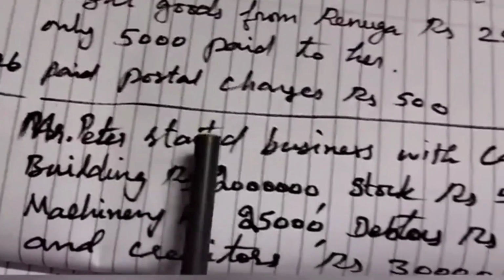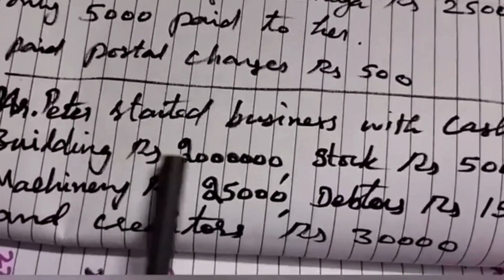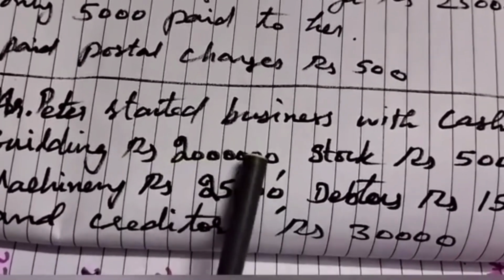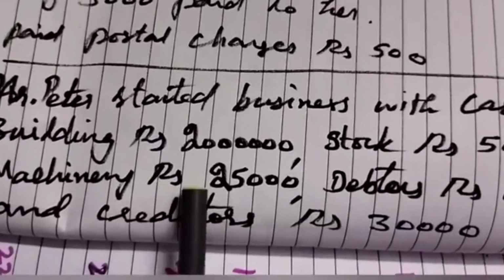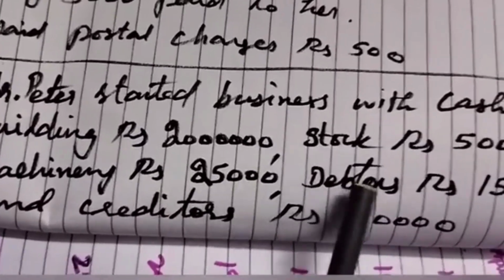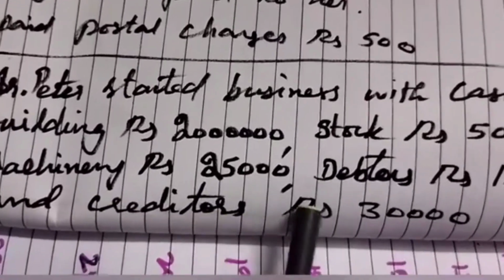Mr. Peter started business with cash rupees 5 lakh, building rupees 20 lakhs, stock rupees 50,000, machinery rupees 25,000, debtors rupees 15,000 and creditors rupees 30,000. So all the assets should be debited. So cash account should be debited because he has brought cash also.